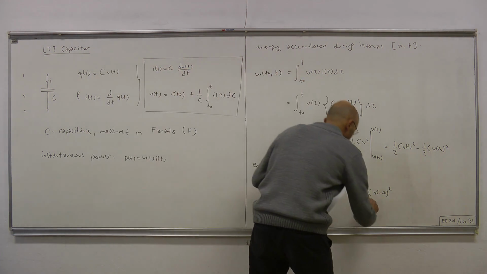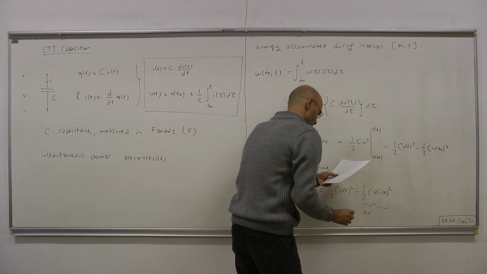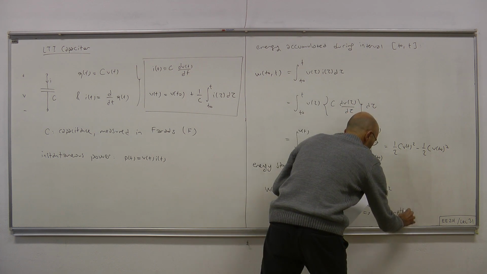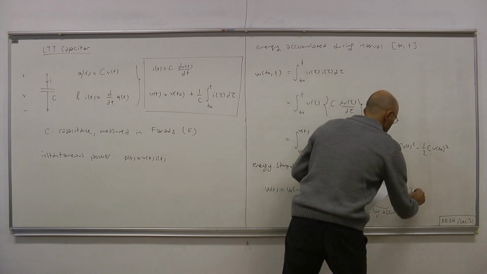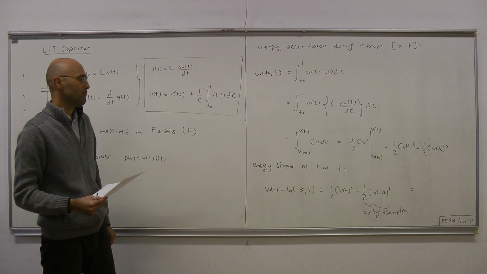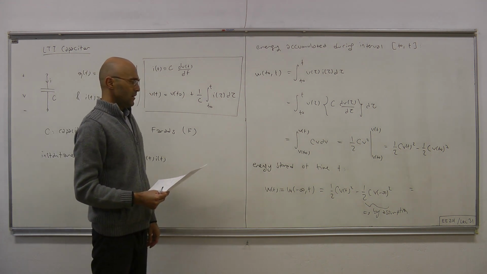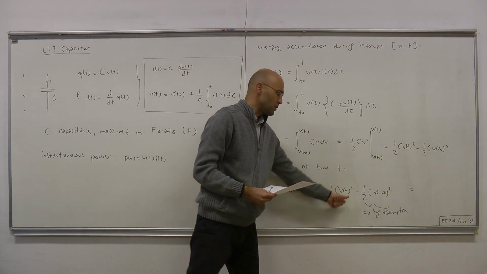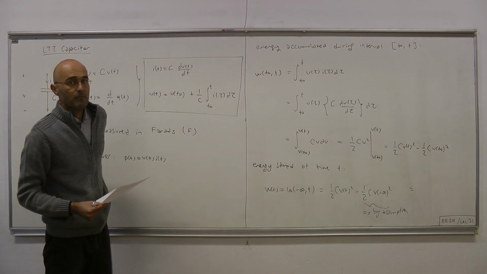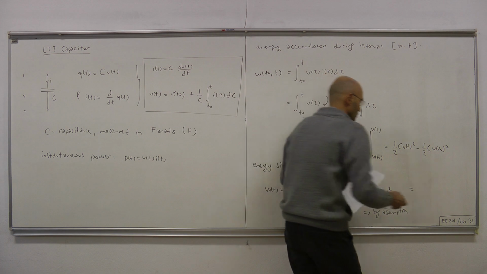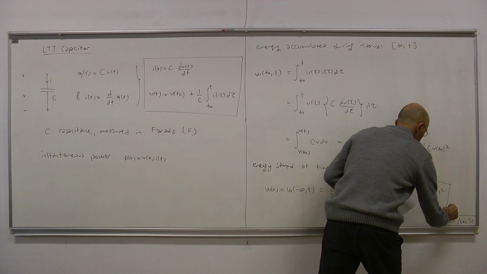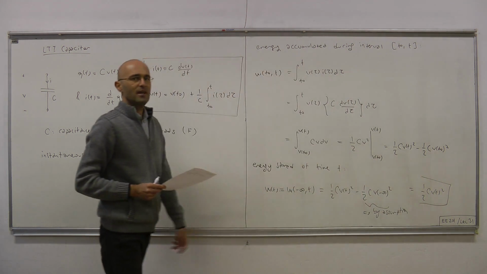And by convention, this is 0, by assumption, let's say. Therefore, energy stored in a capacitor at any given time is proportional to the square of the voltage at that particular time in the capacitor. So we have 1/2 C v(t) squared for the stored energy in a capacitor.